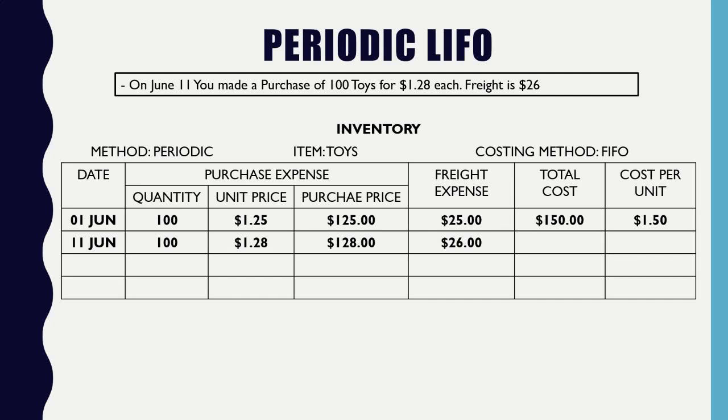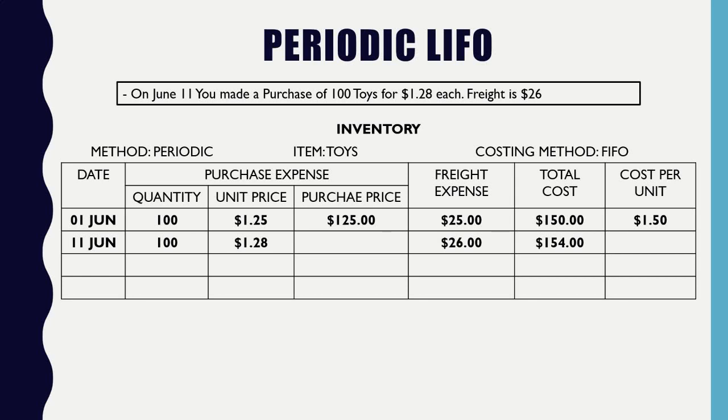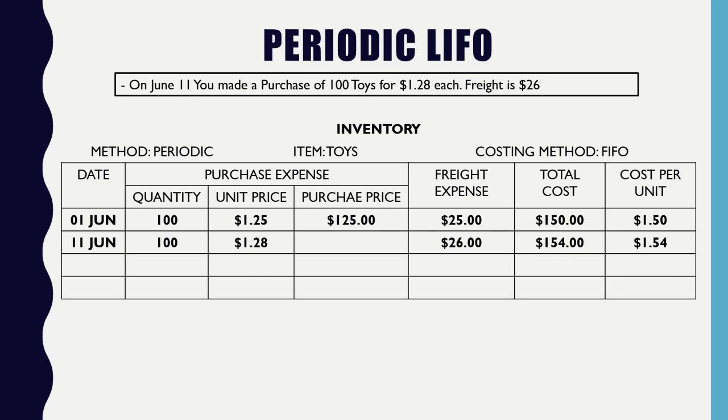Then we solve for our total cost: $1.28 plus the 26 gives me $1.54. And last but not least, we calculate our cost per item, because now I have a second batch of inventory, and this second batch costs $1.54 per item.